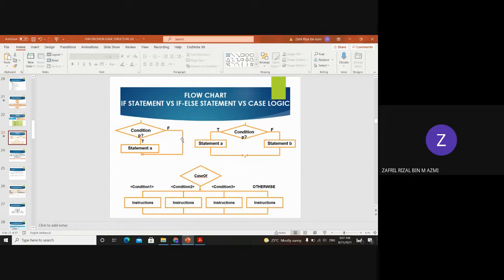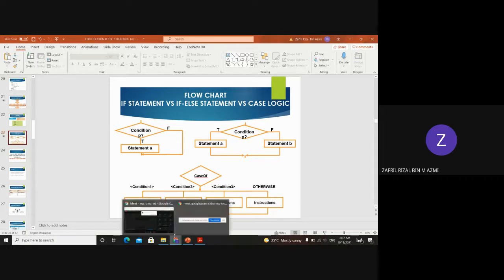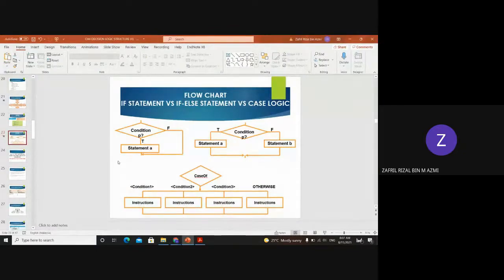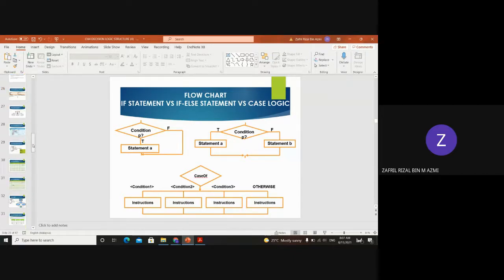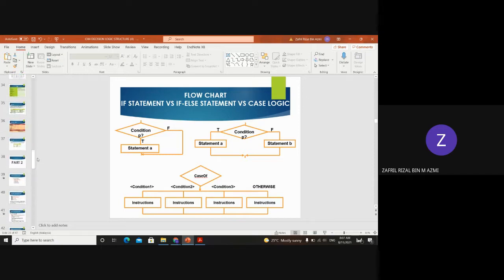And then we have multi-selection. I already updated it, I already showed you the multi-selection. It's not over here, but with multi-selection, we have more than one diamond symbol. What we are going to discuss further today is the multi-selection, part 2.